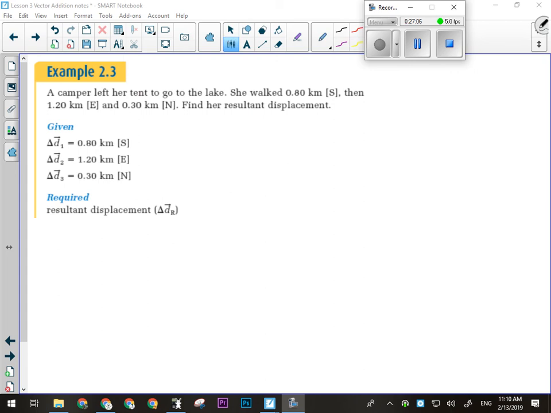Okay, so we want to draw our vectors tail to head. The first thing is that she walks 0.8 kilometers south. So I'm going to say this is her starting point. She's going to walk 0.8 kilometers south. Then she goes 1.2 kilometers east. Again, I'm reflecting scale here.